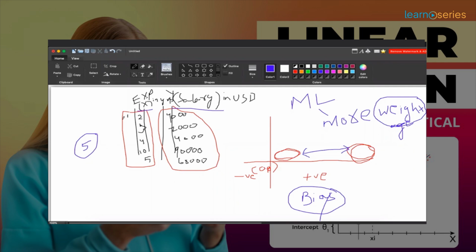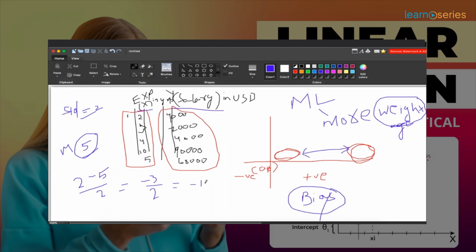For the first column, for the time being, assume that the standard deviation of the column is, suppose, 2. So the first value will be 2 minus 5 divided by 2. 2 minus 5 is minus 3. This is the mean, and this is the standard deviation of that column.